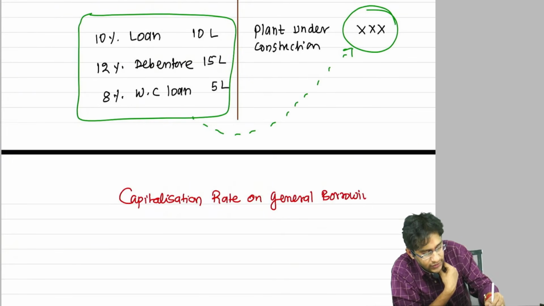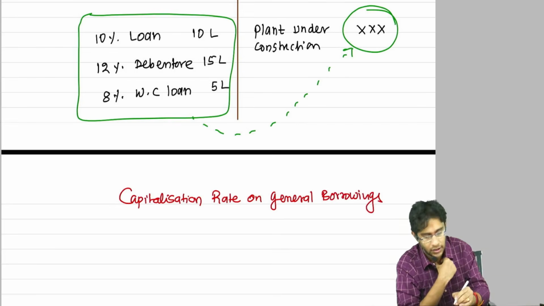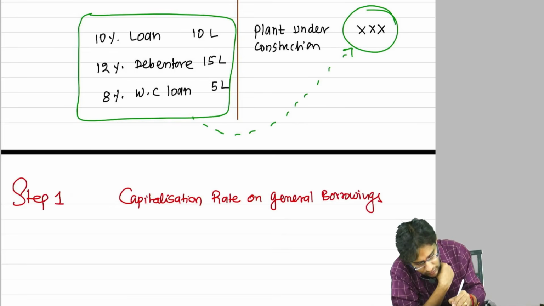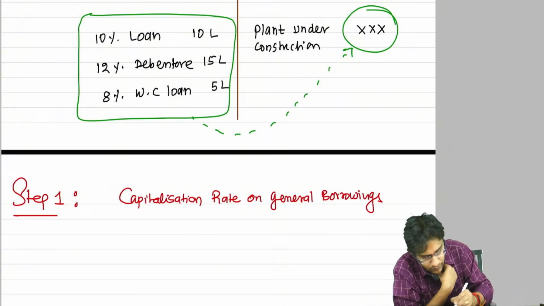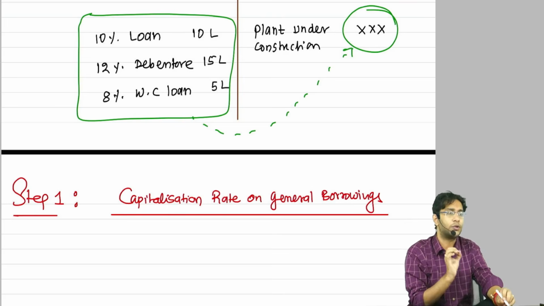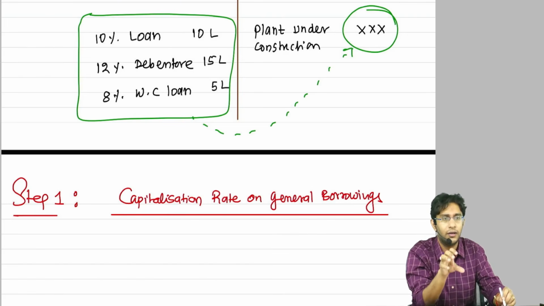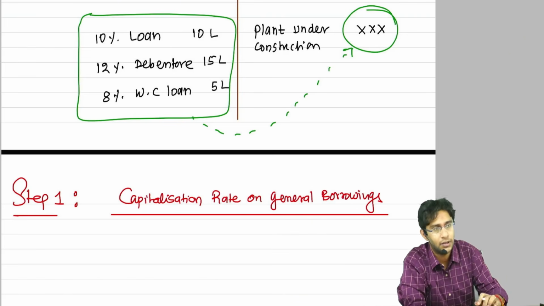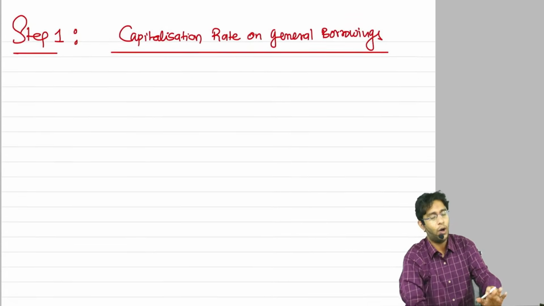Mix all these borrowings and get one single rate. This will be your step number 1. Your first step is to convert all those borrowings into one single rate.